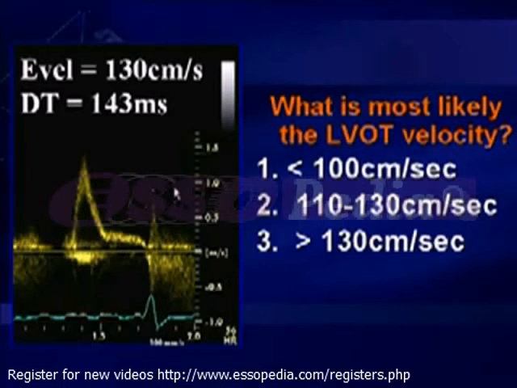A normal ratio with either increased or decreased E and A velocities is seen with reduced or increased cardiac output. And higher than expected ratios indicate that the peak E wave velocity is increased, either due, as we said, to mitral stenosis or mitral regurgitation, or perhaps an elevation in left atrial pressure.